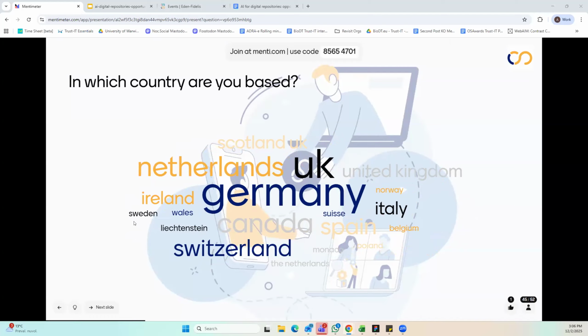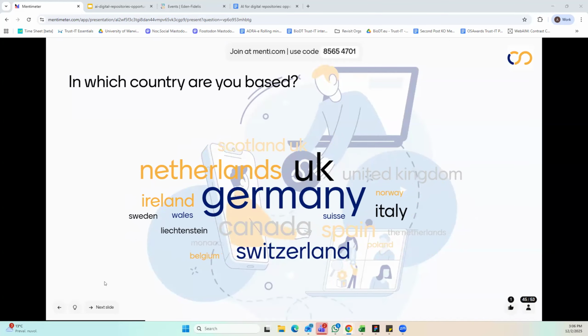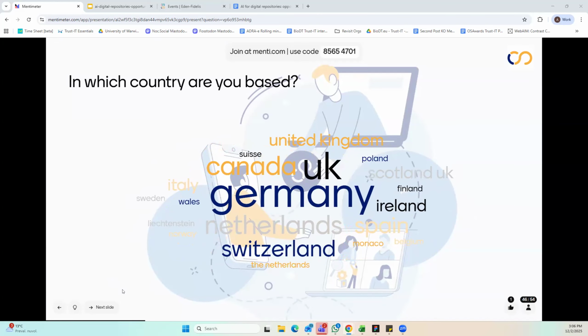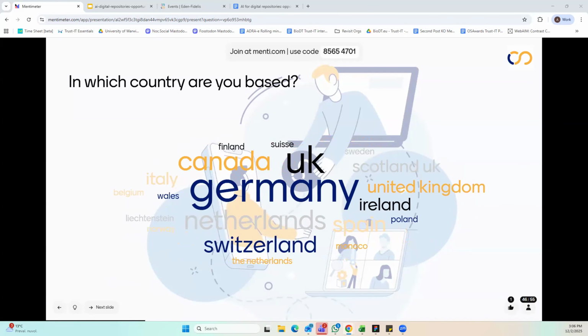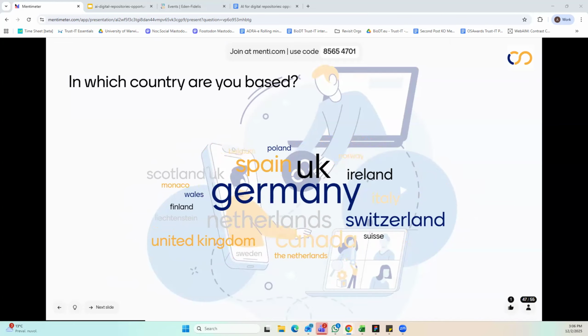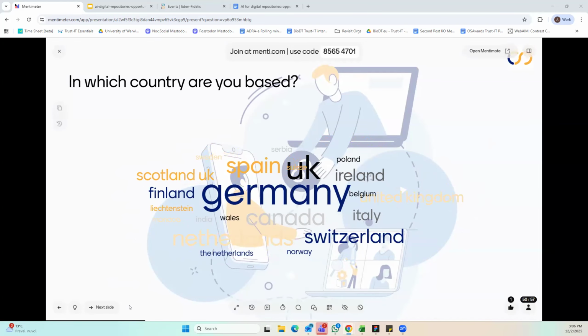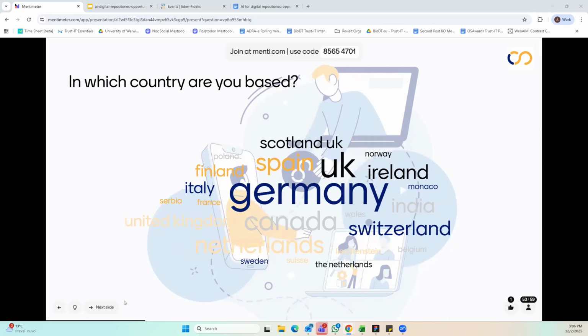Monaco even. All right, so we have super broad representation from all over Europe and beyond even. It's really nice to see.